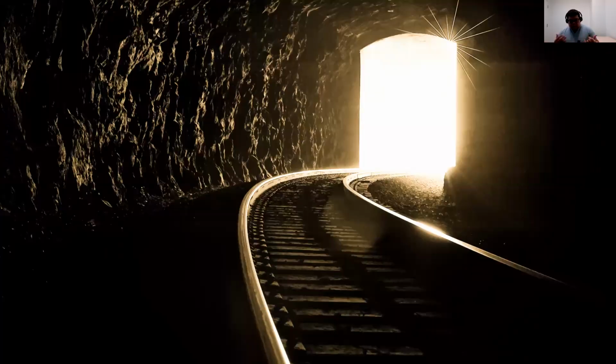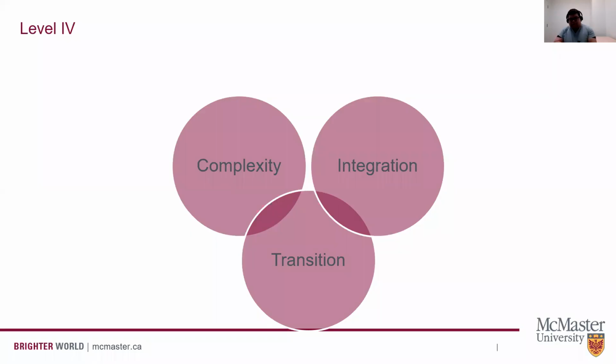Okay, so by now, with N4K, you're probably all beginning to see the light at the end of the tunnel, and you're probably all really excited to come to the end of your undergraduate studies and looking, you've definitely heard this term, looking upward and outward towards your future careers. So with level 4, everything that we do in the 4th year or level is focused on these 3 pillars or 3 themes. So complexity, integration, and transition.